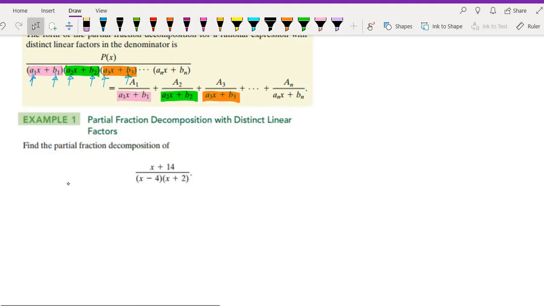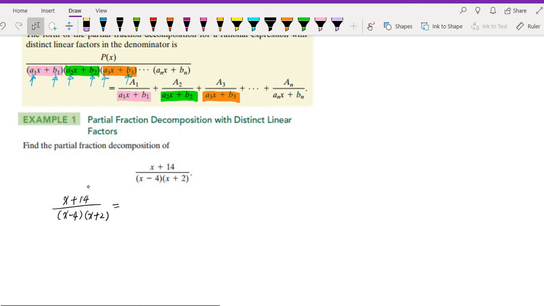Example 1: find the partial fraction decomposition of x plus 14 over x minus 4 times x plus 2. I'm going to rewrite this as x plus 14 over x minus 4 times x plus 2. Look at the denominator.